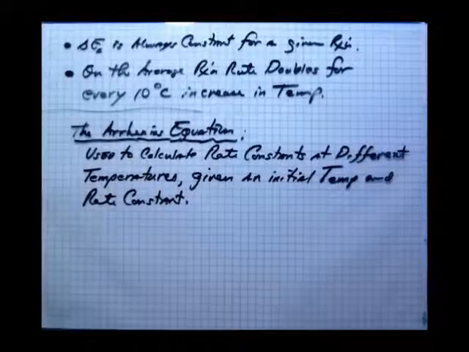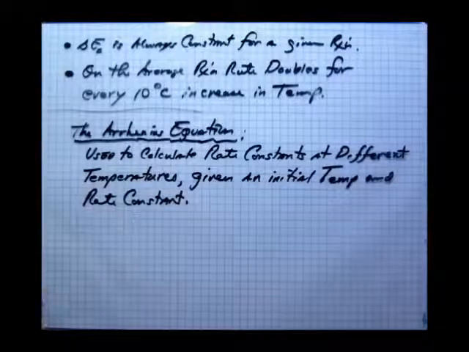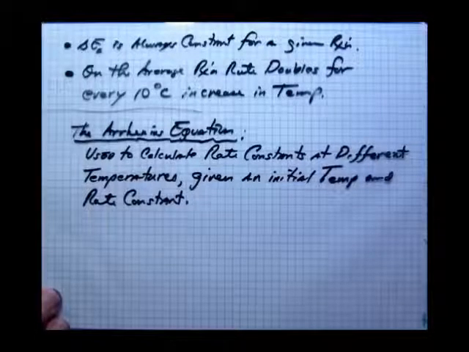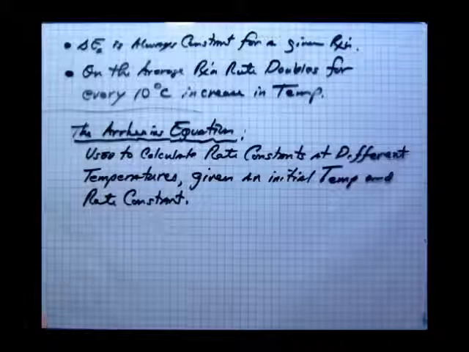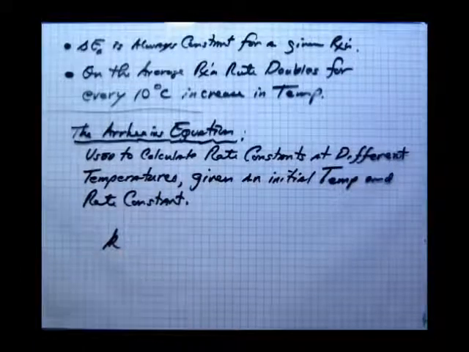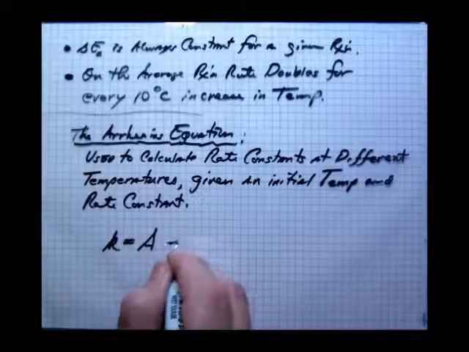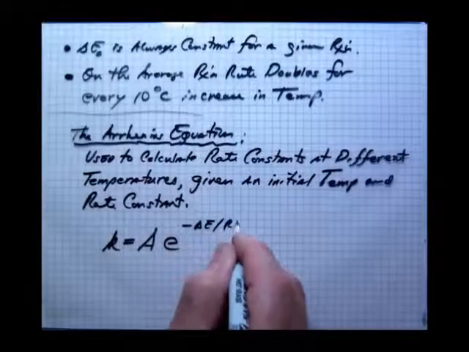The derivation of the Arrhenius equation uses the equations of kinetic, collision, frequency, and probability. Arrhenius showed that a typical rate constant is given by A e to the minus delta E over RT.